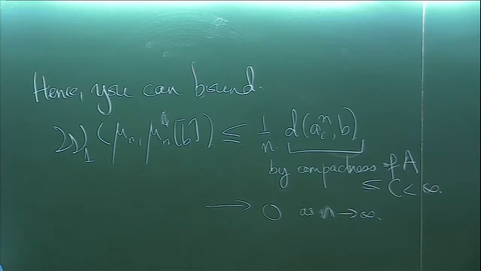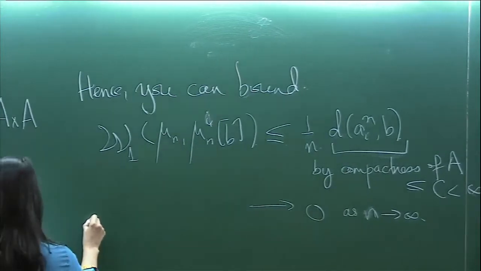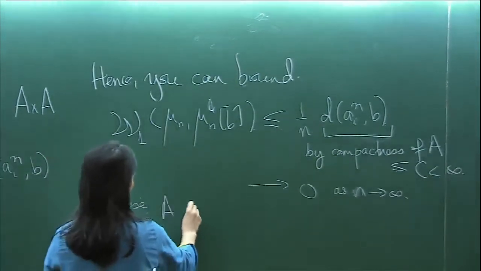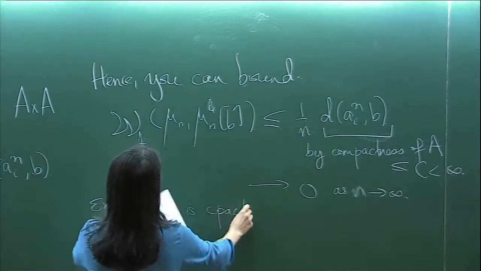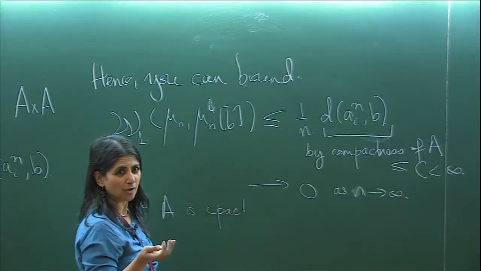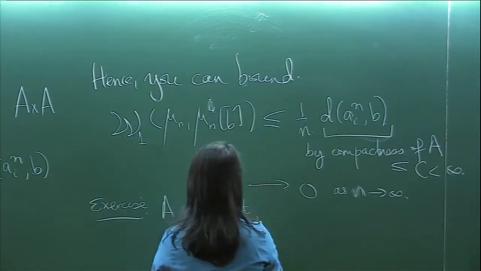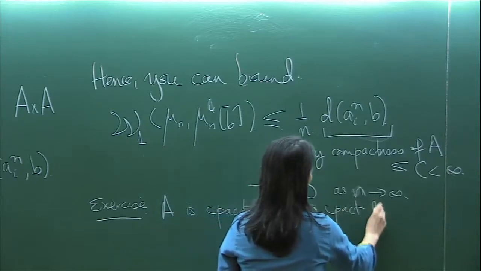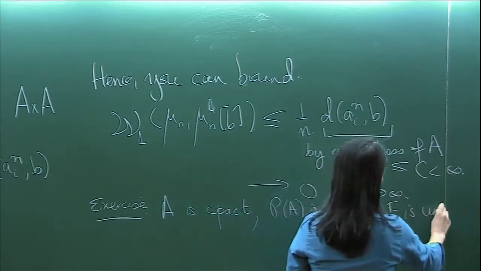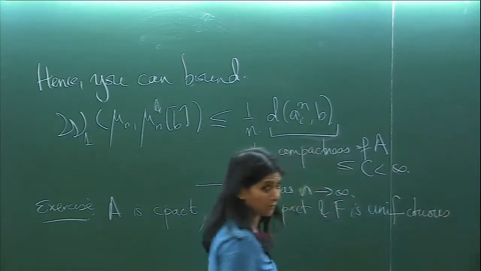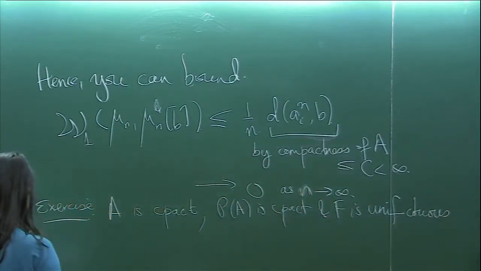So now we just have an exercise. We know that if A is compact, we're given this, and now we still have that integral. But then again, you use the uniform continuity. Just to give you the details: A is compact, and F is uniformly continuous, because we assumed continuity, so it's obviously uniformly continuous on a compact state space.